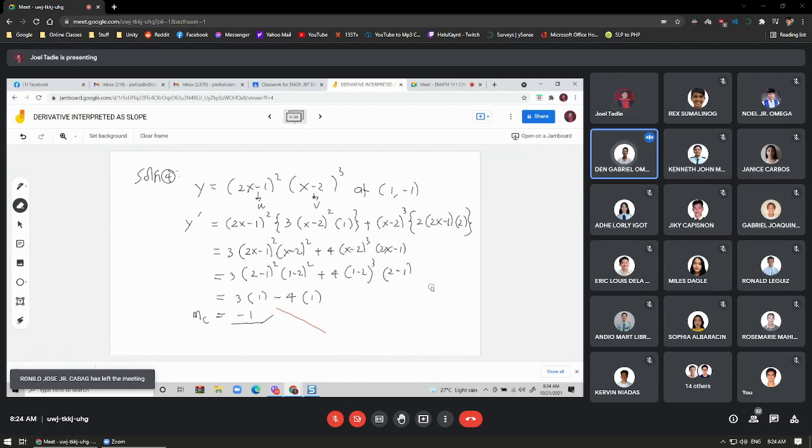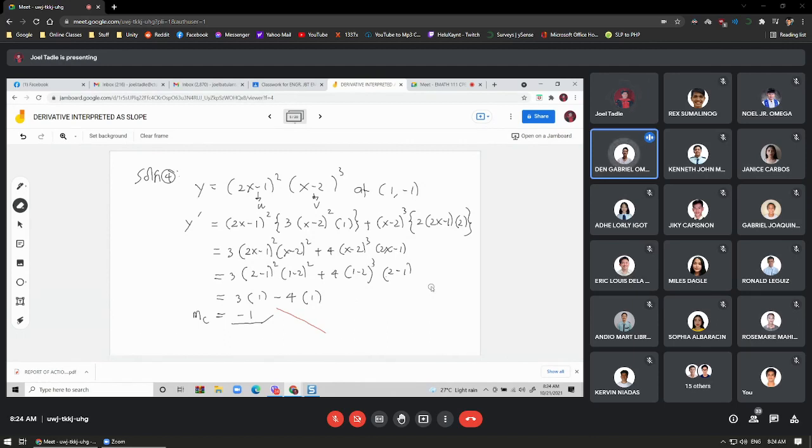Product rule first. So copy first the u, so it becomes quantity 2x minus 1 to the power of 2.